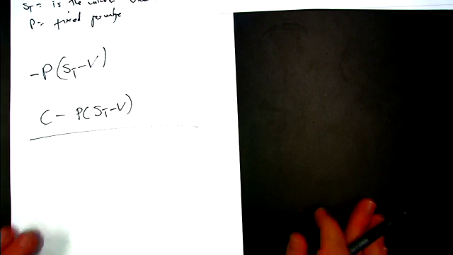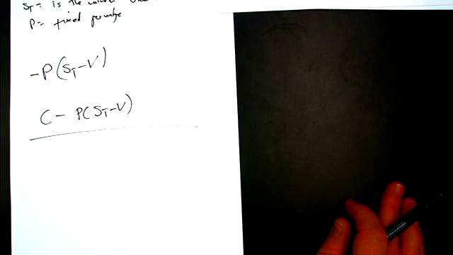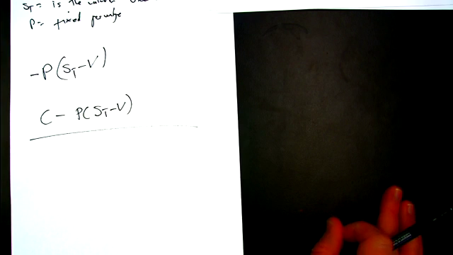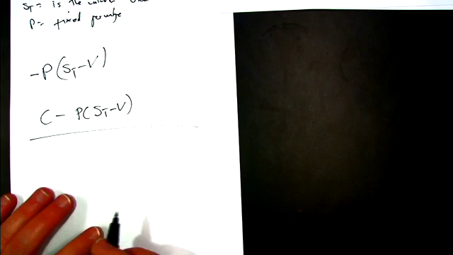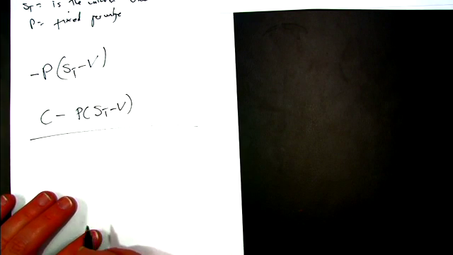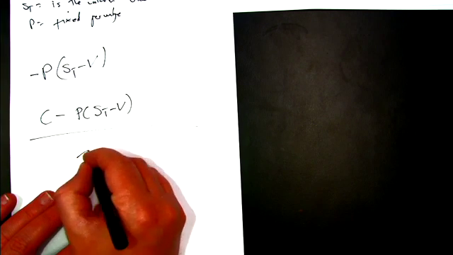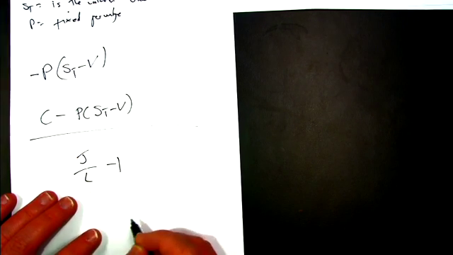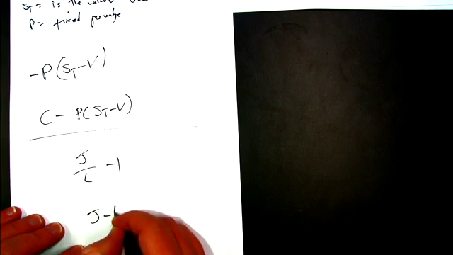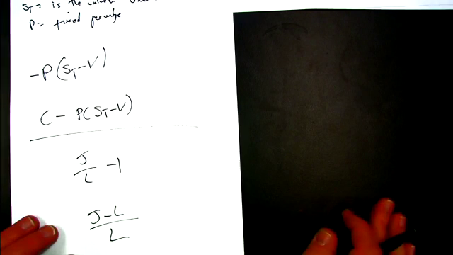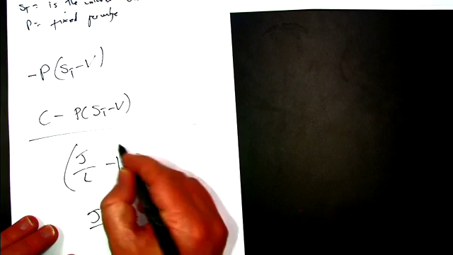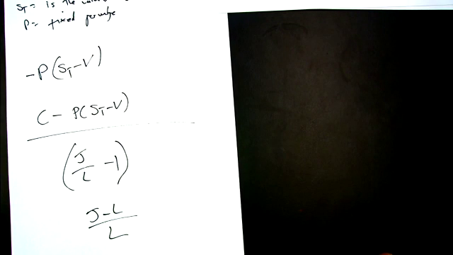This one up here, remember, was a dollar return. You can do it a couple of ways. You can say J on L minus 1, or you could say J minus L divided by L. Same thing. Let's use the top one here. That gives me a percentage return.